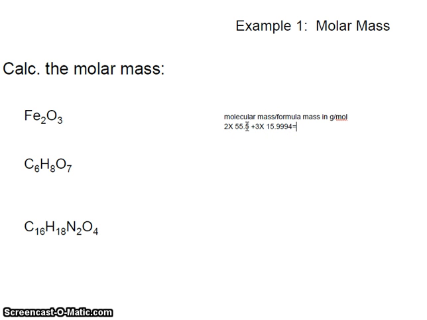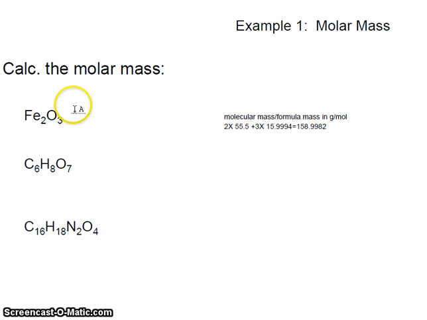And if you think about the decimal figures, you're going to go by what's given in the data. So since the first one has only one decimal place, you're going to just simply report up to the first decimal point, so you can just simply round it up to 159.0 grams per mole, because this is molar mass.